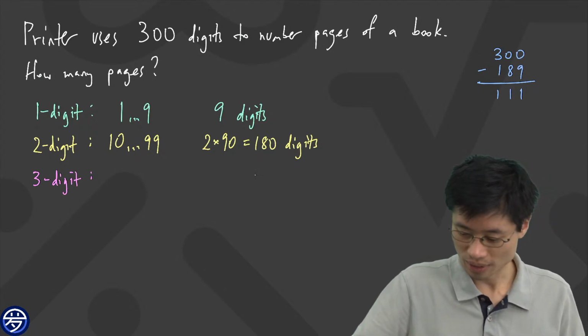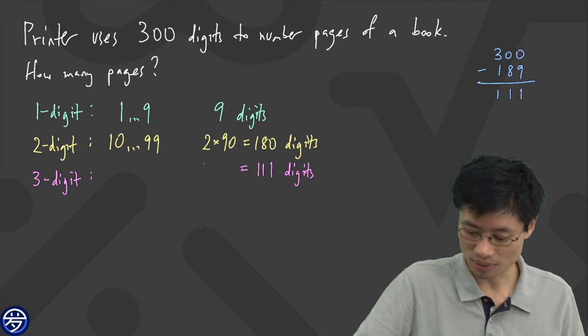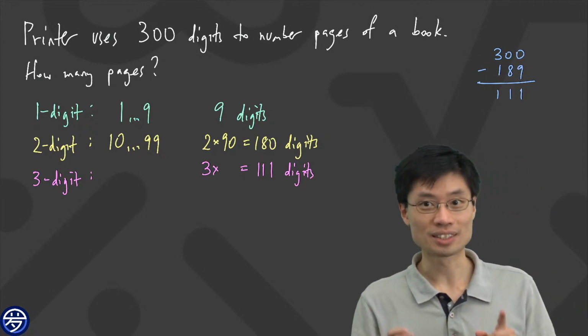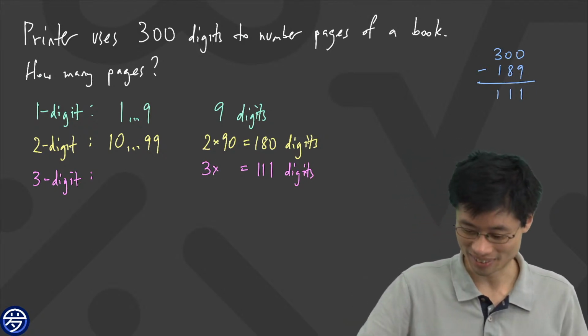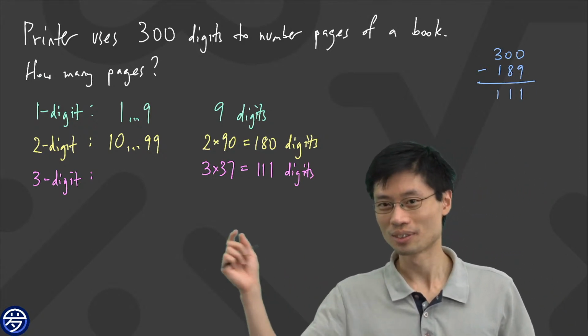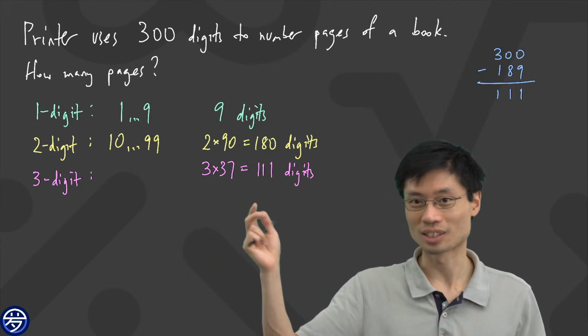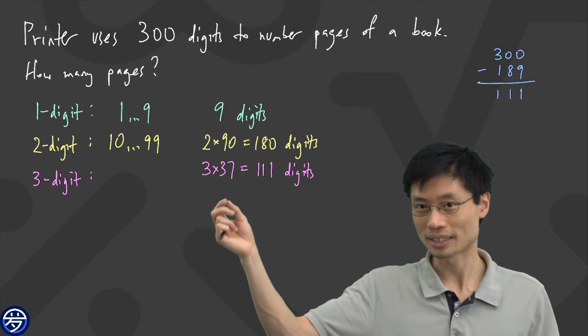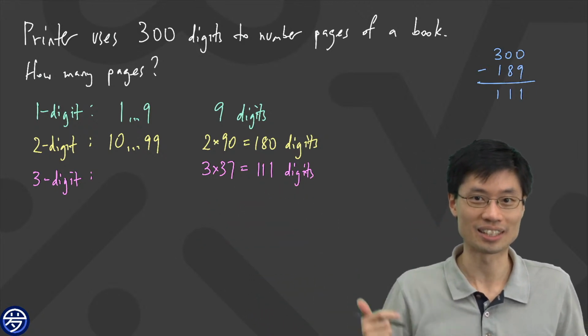I should get 111 of them. And so that's equal to 3 times 111 turns out to be 3 times 37. That's one of these nice numbers. And if you want to just double check, 3 times 7 makes the 21, and 3 times 3 makes a 9, 9 plus the 2 is 11. So that's how you get this.